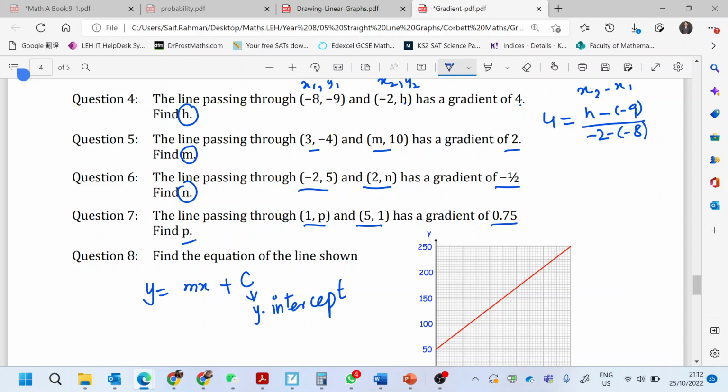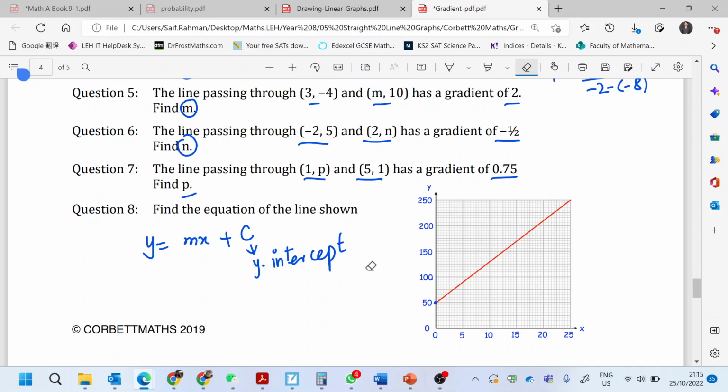So we see this line is crossing at the point of 50. And m we can calculate here. Here you can see this is 50, this is 100, 150. 1 square is representing 5 points.